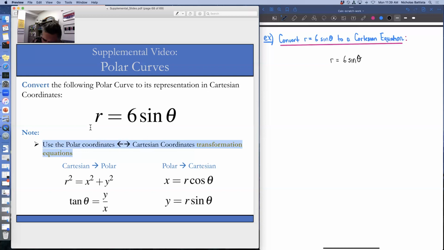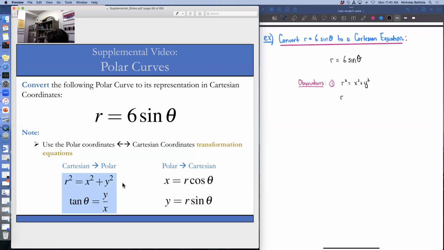So I want to begin just by making two observations. The first observation is that I can always take x squared plus y squared and get r squared back. Or in other words, from our Cartesian to polar set of things, we have r squared is equal to x squared plus y squared.